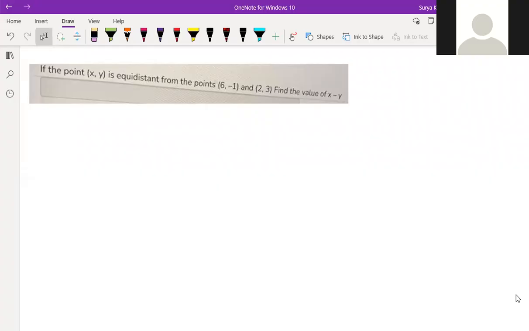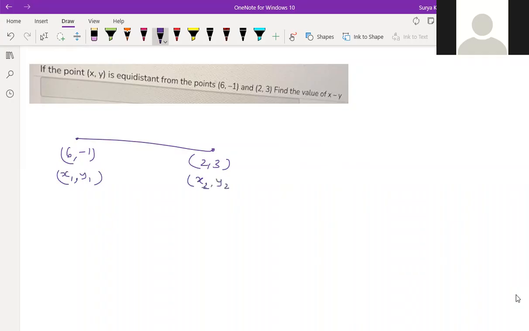Okay, don't worry. So now see here, x and y are equidistant from C. These are the coordinates 6, -1, and 2, 3. So let this be x1, y1 and this be x2, y2. And xy is the midpoint between them. They are asking to find the value of x minus y, right?